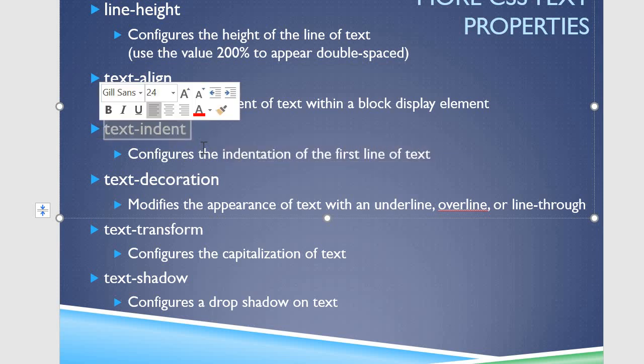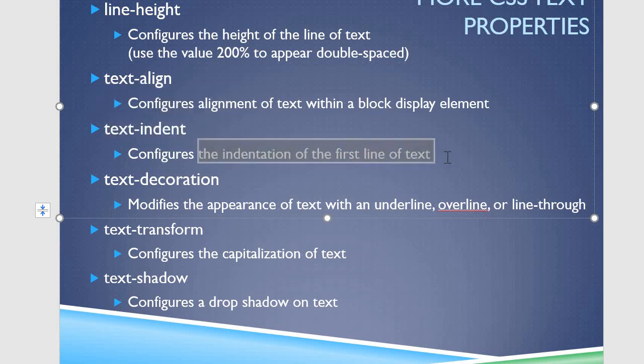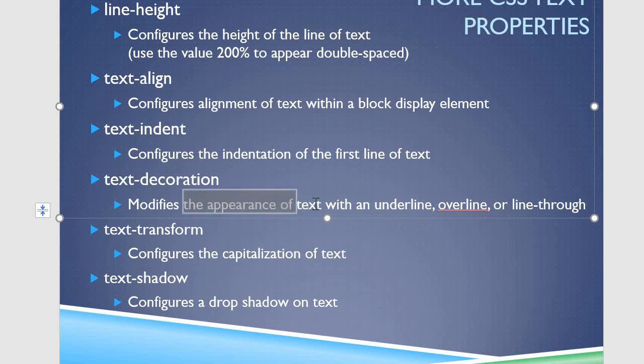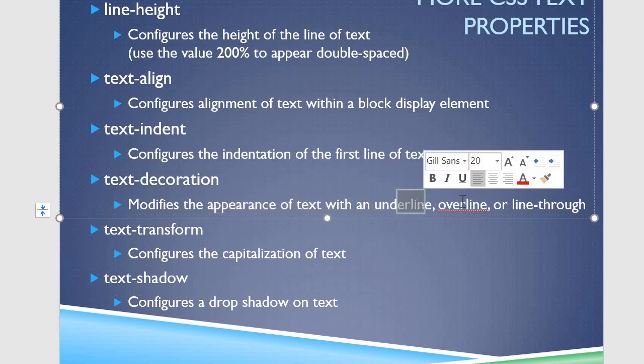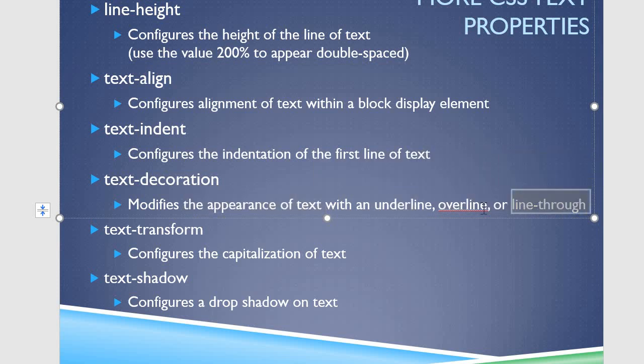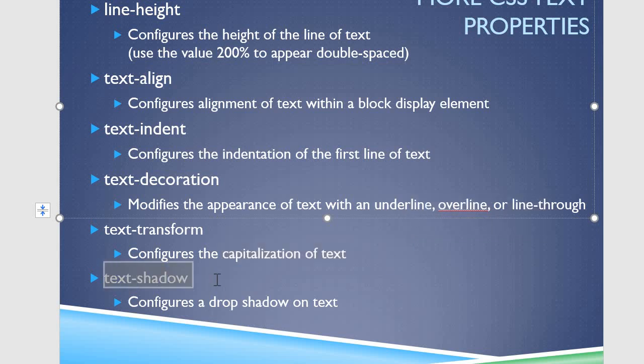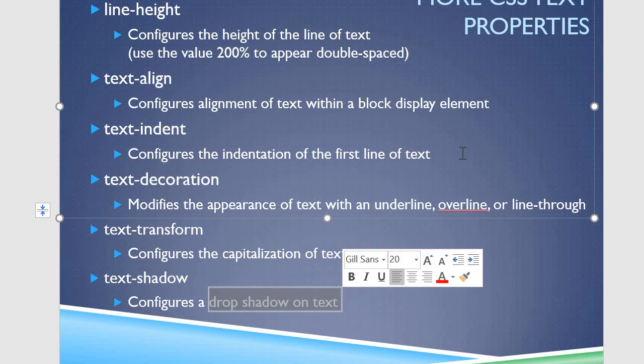Text decoration, the appearance of the text, for example underline, overline, or line through. Then text transform, capitalization of the text. Text shadow, a drop shadow on text. So these are some of the text properties.